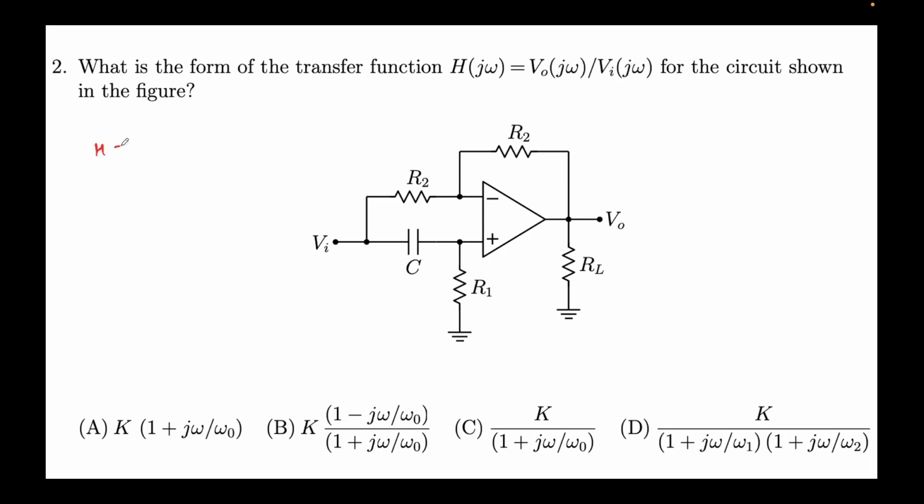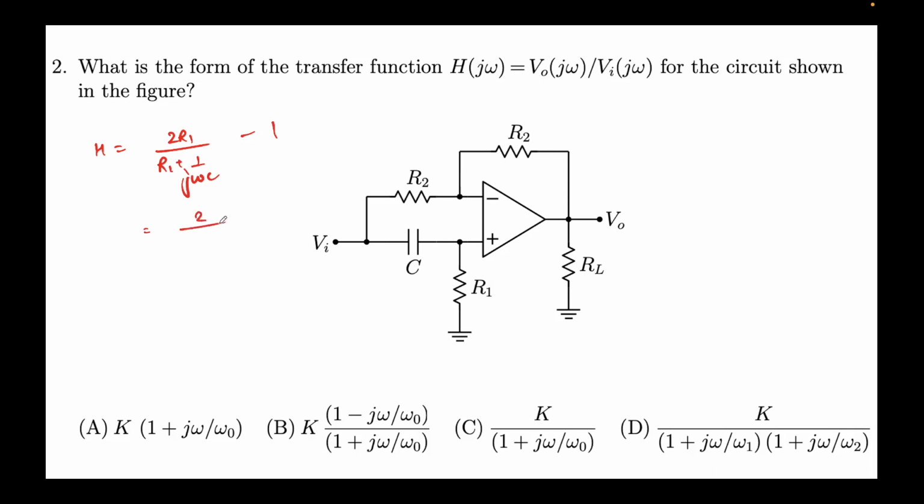So we have obtained that H has come out to be 2R1 upon R1 plus 1 upon j omega c, minus 1. Now first of all I'll take R1 common from this first term.